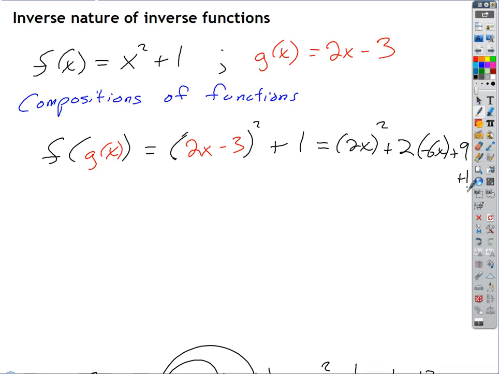The thing that sometimes people make a mistake with is when you square out a term that involves a coefficient and a variable, what is 2x quantity squared? What is that? It's 2x times 2x, right?